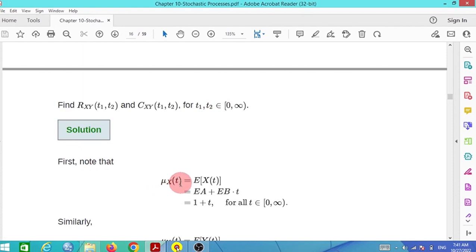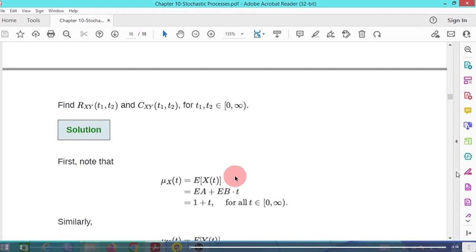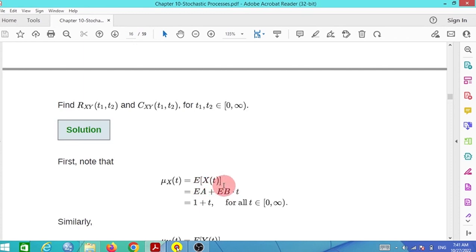Mu of X_t we previously calculated at the start of this lesson. Expected value of X_t: replace X_t, and the expected value of a sum is equal to the sum of expected values. t is constant, so it comes out.